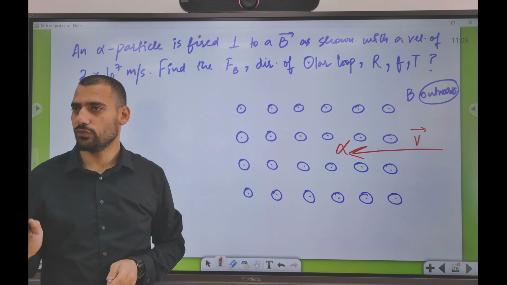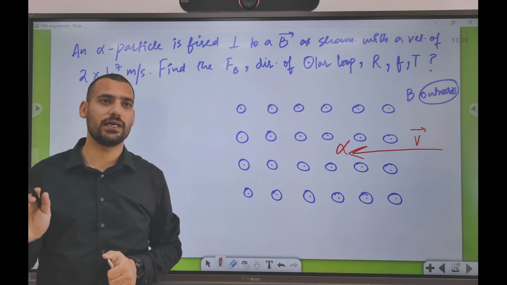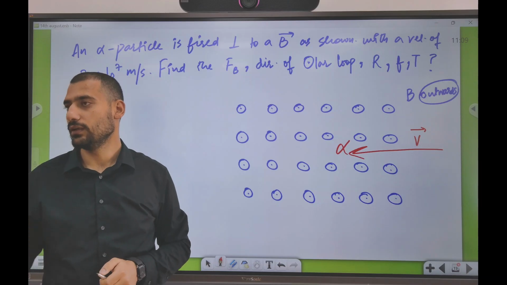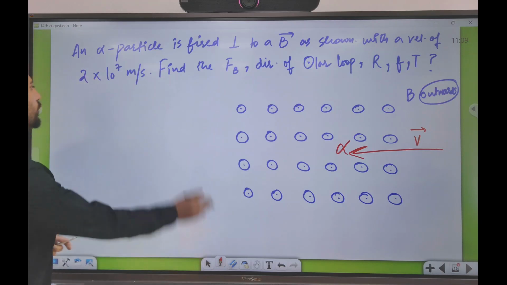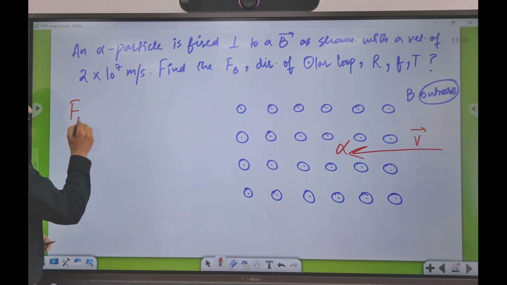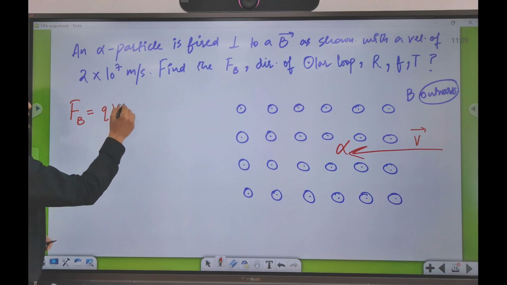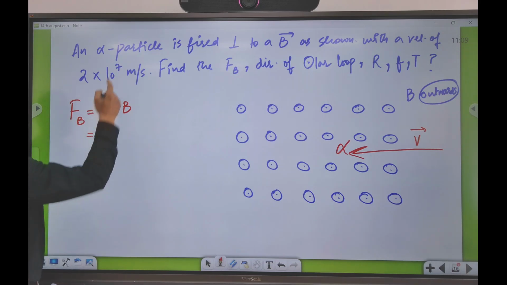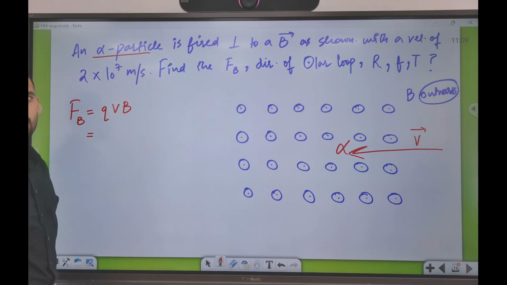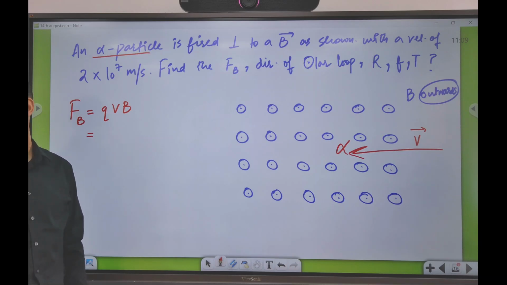I told you whenever the particle is fired perpendicular, the force is maximum. Okay? And what is the value of that force? Q times V times B. This is the maximum force. And what is the charge that is being fired? An alpha particle. The charge of an alpha particle is 2 times that of a proton.